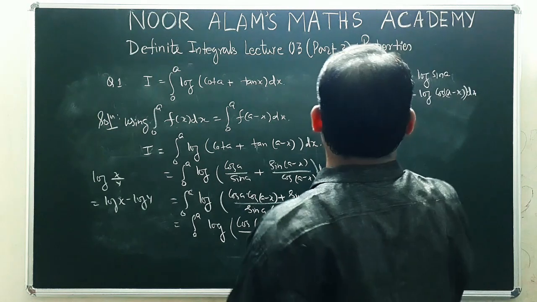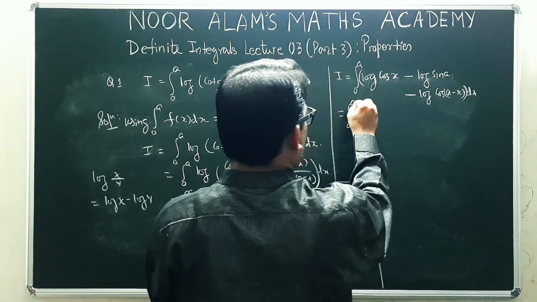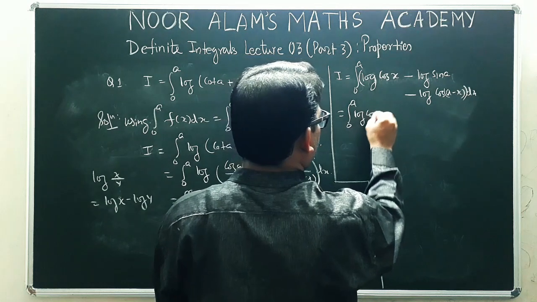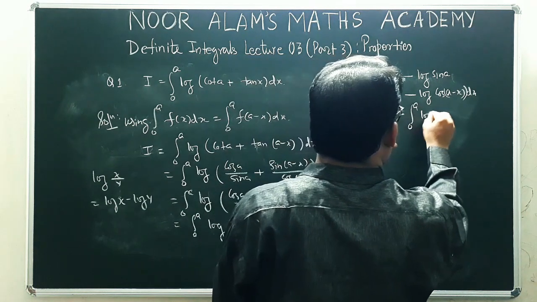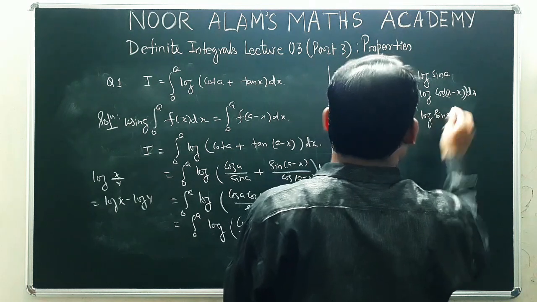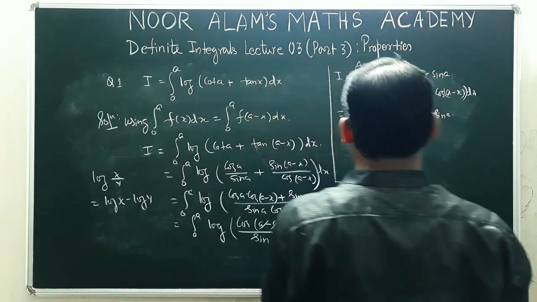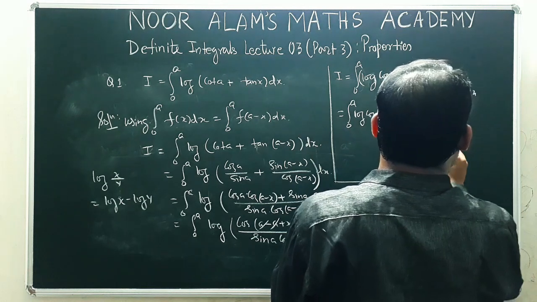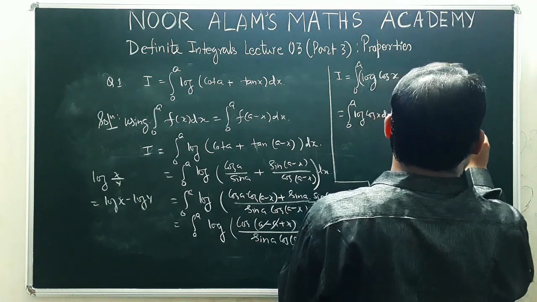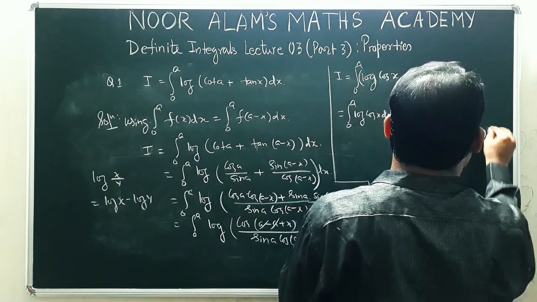Now we separate this term, so we get the integral from 0 to a of log cos x dx minus the integral from 0 to a of log sin a dx minus the integration from 0 to a of log cos(a minus x) dx.